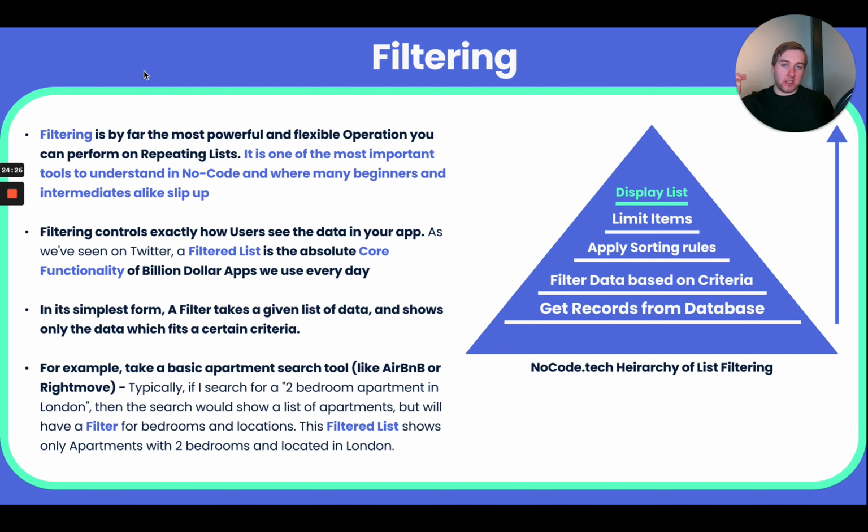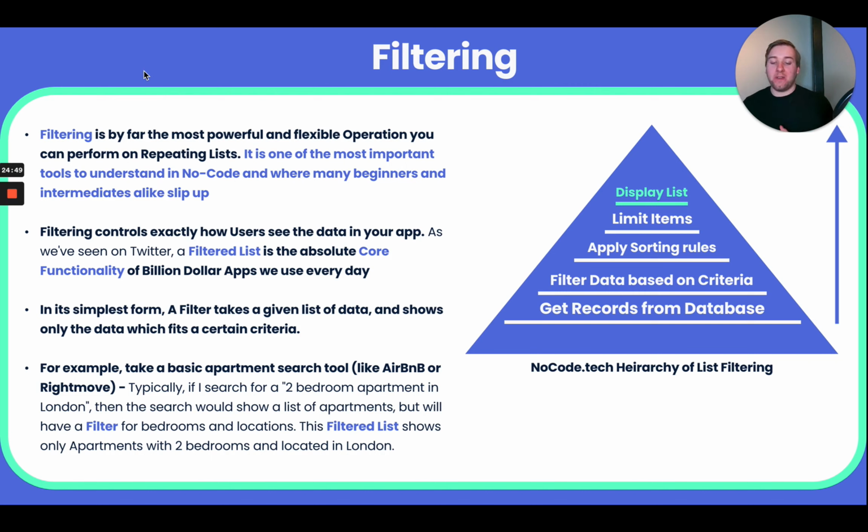That is a list of tweets sorted by newest first, but it's filtered so that you only see the tweets that come from people that you follow or that have been retweeted onto your timeline, etc. So that is a filtered list. It doesn't show you all of the tweets in the tweet database, because that would be literally every tweet ever. So it's just a filtered list based on who you follow.